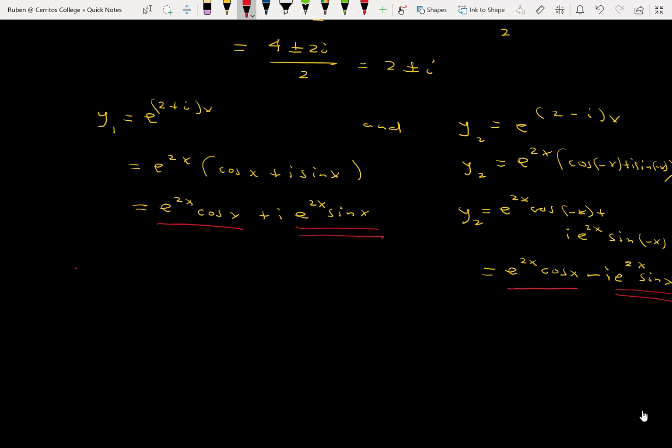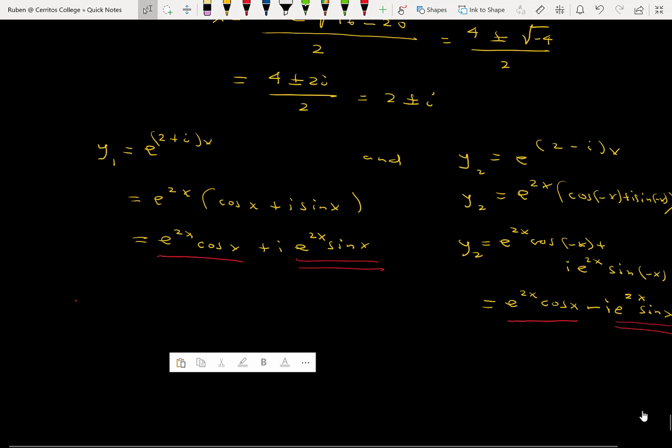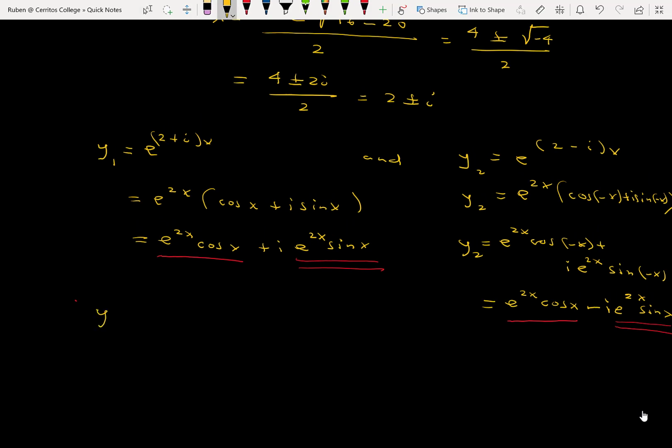So rather than considering these two rather long, complex valued solutions, we can combine the two ideas by pulling out the e to the 2x cosine x and the e to the 2x sine of x to get our general solution as C1 times e to the 2x cosine of x, plus another constant C2 times e to the 2x sine of x.